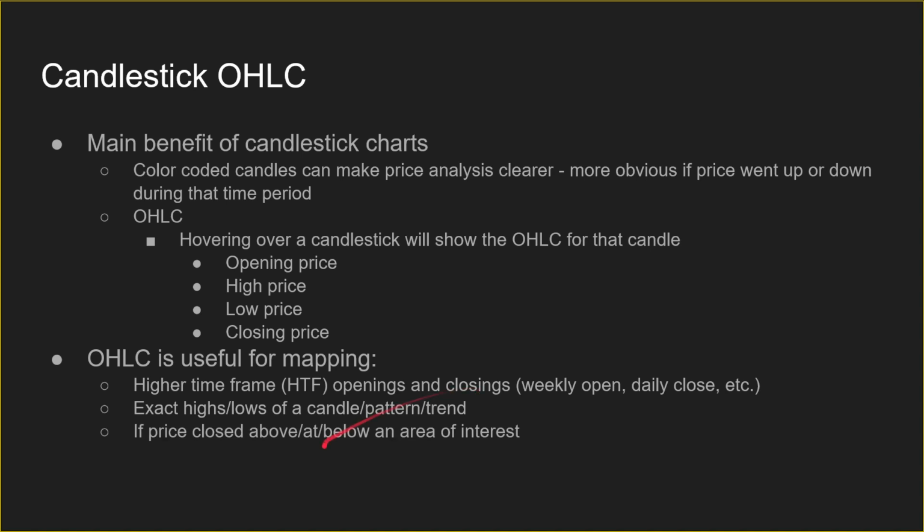It also helps us point out if price closed below or above or at an area of interest. So let's say we have some sort of ordained price structure where we say, hey, Bitcoin is trading between 40,000 and 44,000.